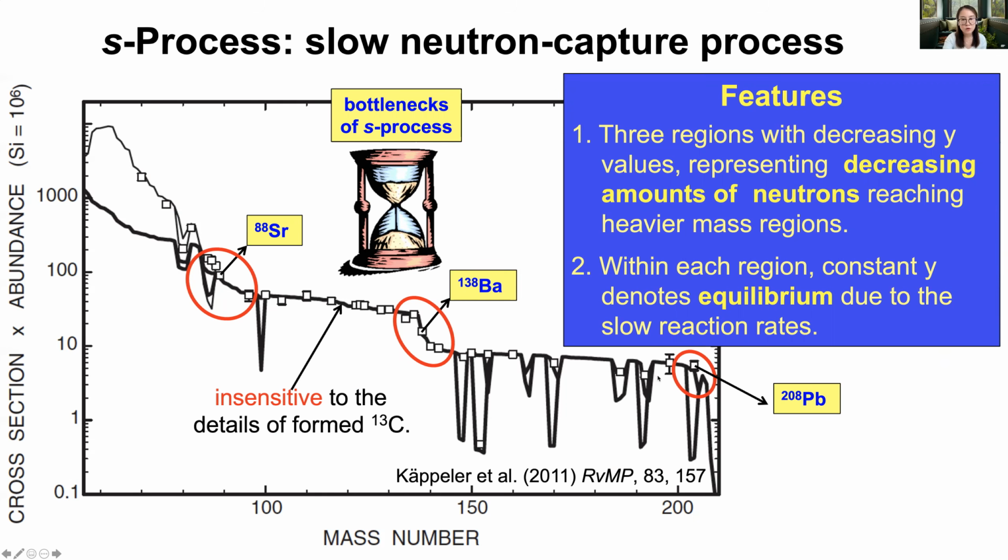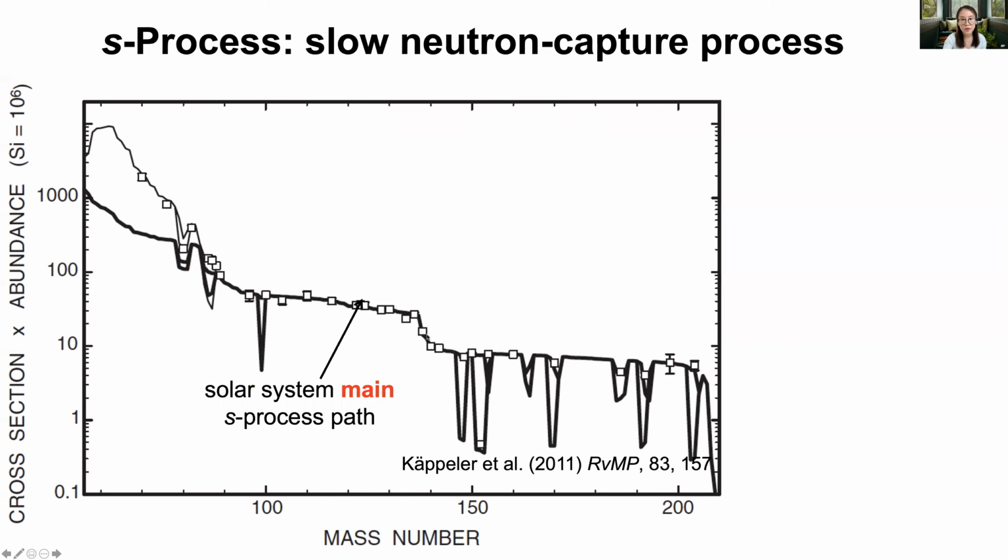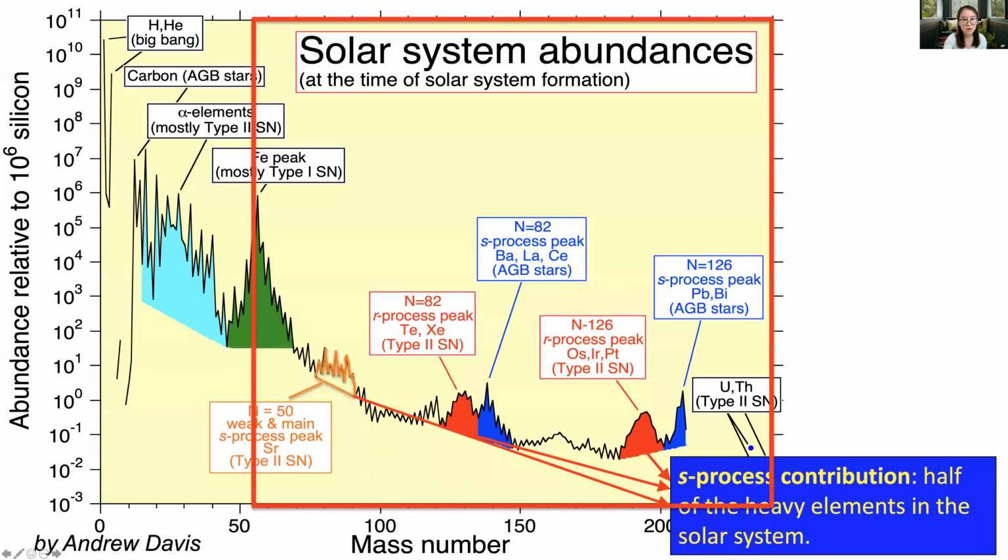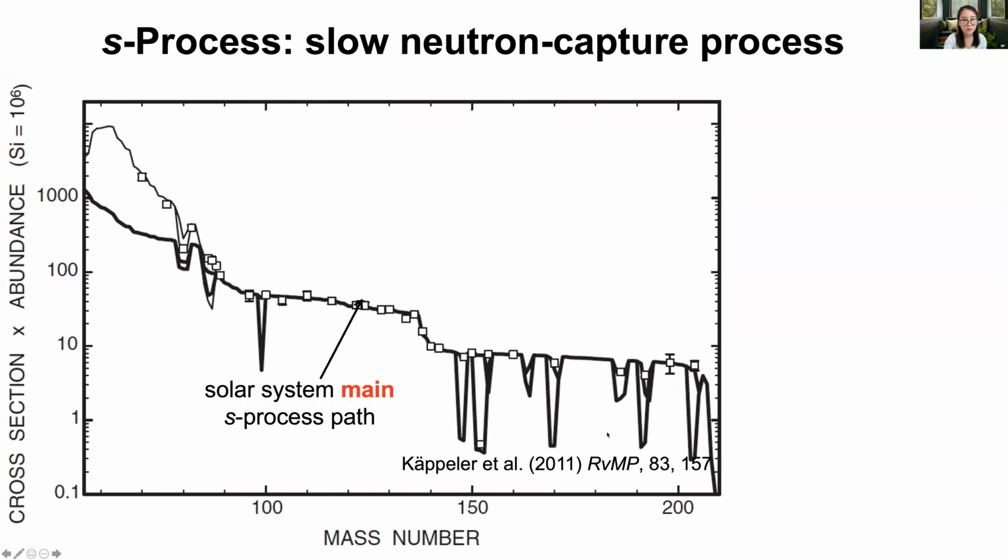Also, these 3 bottlenecks correspond to the 3 s-process peaks we saw in the previous slide.